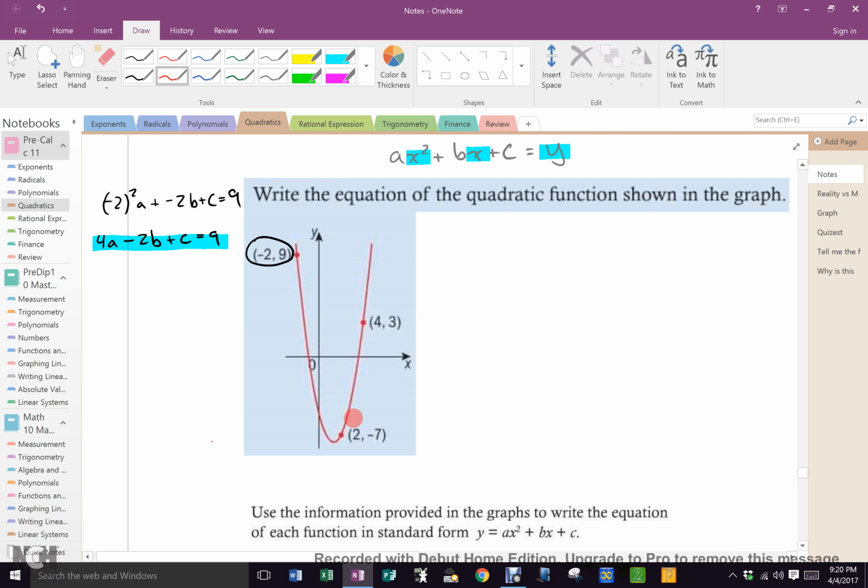Here's a second point. There's an x, there's a y. Let's do this. 2 squared a plus 2b plus c equals negative 7. Fix that up. 4a plus 2b plus c equals negative 7. There is equation 2.